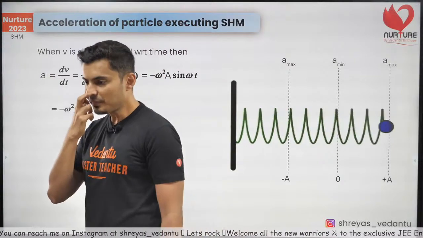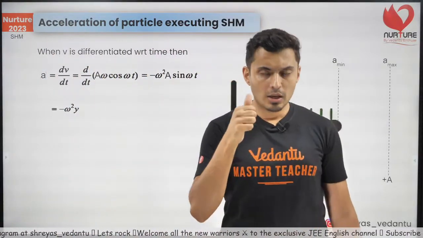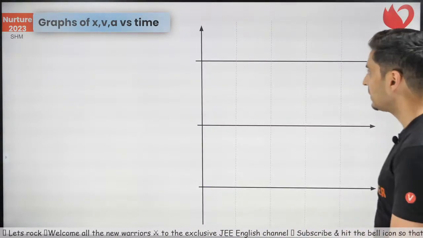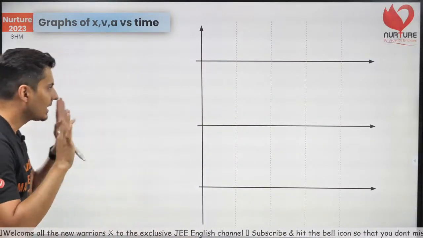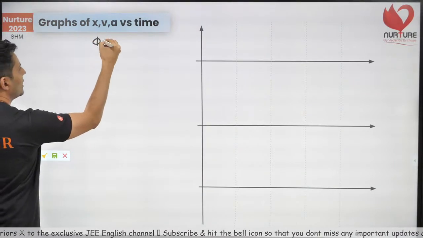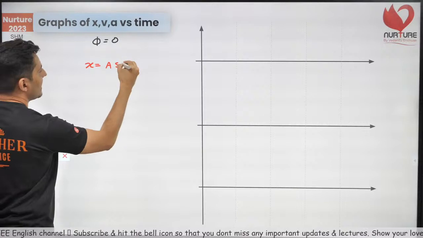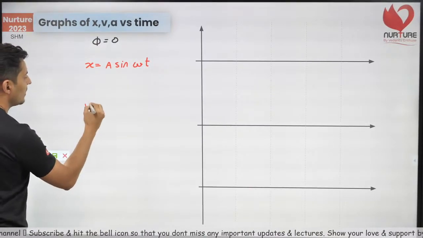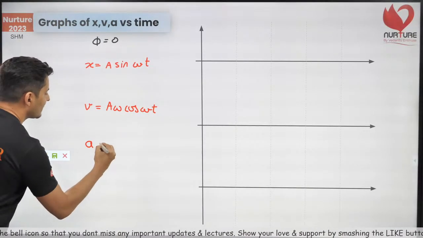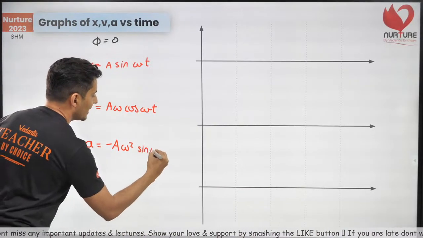Great. Now, if you have got it till here, how will the graphs look like? The graphs are going to be very simple. For example, if I put the value of phi as 0, and look at the graph for x, it is a sine omega t, the value for velocity will be a omega cos omega t, and the value for acceleration will be minus a omega square sine omega t.